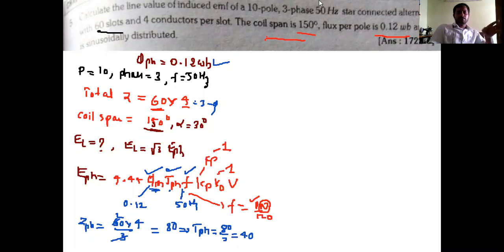He gives total number of slots and conductors per slot, we find the total number of conductors, then conductors per phase, then turns per phase, which is Z by 2. I'm explaining the various models of problems he may ask. We know flux, turns per phase and frequency, and finally we need to find Kp and Kd.